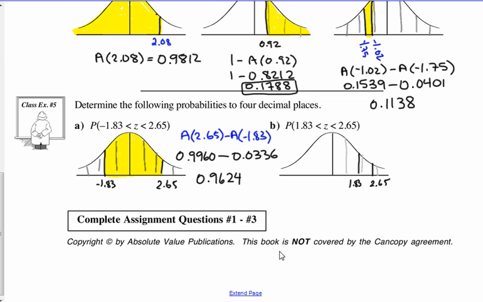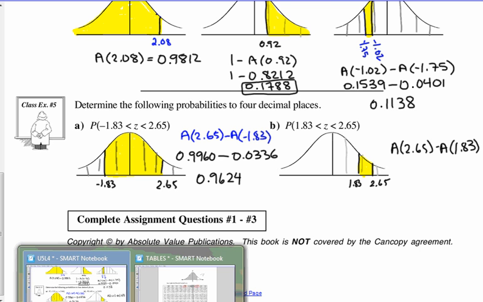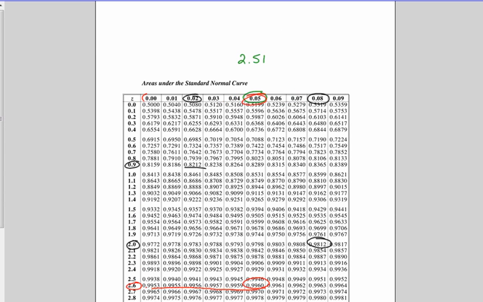So we can't use the values we had before. So how do we find this out? Well, the area under 2.65 minus the area under 1.83. So to the left of 2.65, we look it up on our sheet. 2.65, we need the positive side. We had that from before, 0.9960.